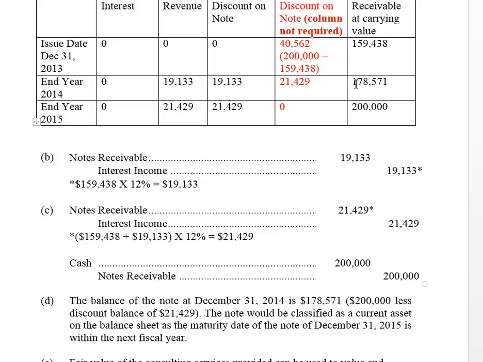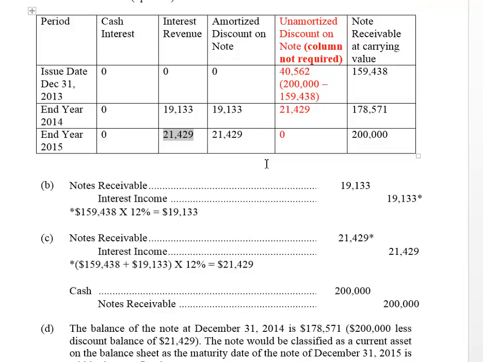Well, we already know that the opening carrying value of the note that opens 2015 is $178,571. So we can take that and multiply it by 12% in order to get $21,429 as interest revenue. And that's the number we've got here.